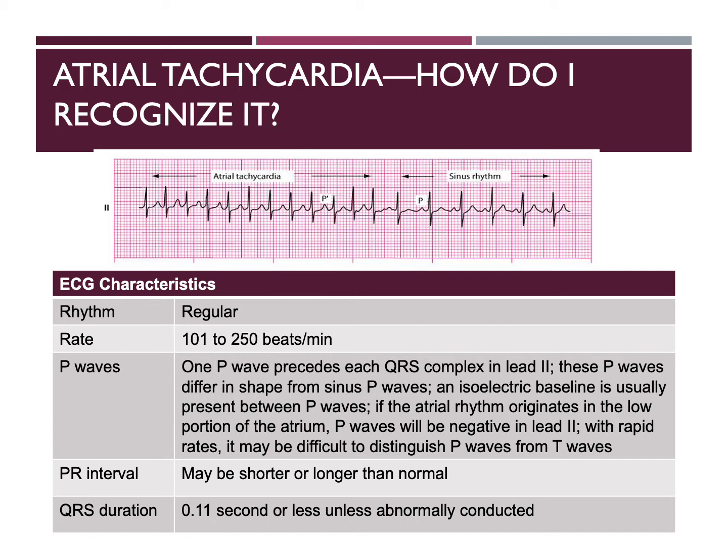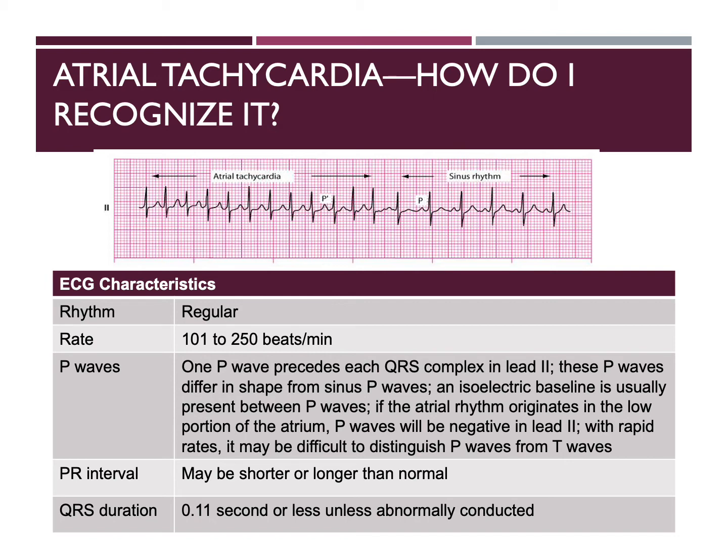When we're looking at the ECG characteristics, we're going to notice that the rhythm is going to be regular. Our rate, because we're in tachycardia, is going to be anywhere from 101 to 250 beats per minute. P waves are what we really look at here. One P wave is going to precede each QRS complex in lead 2, and these P waves are going to differ in shape from the sinus P waves. We might see an isoelectric baseline, and it's usually present between P waves.